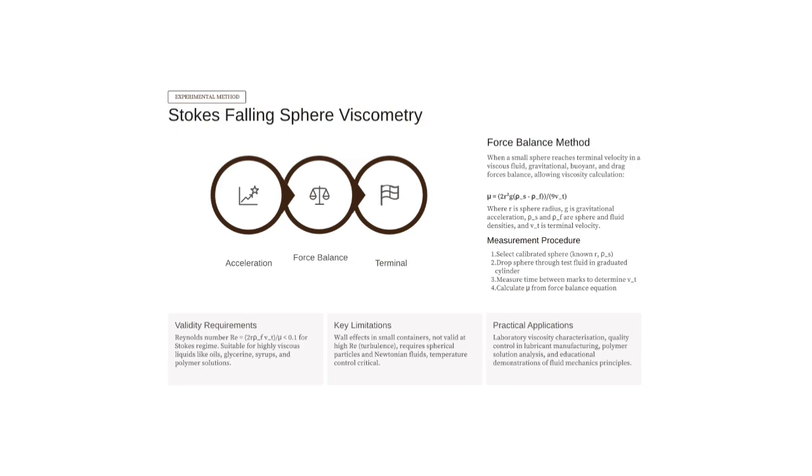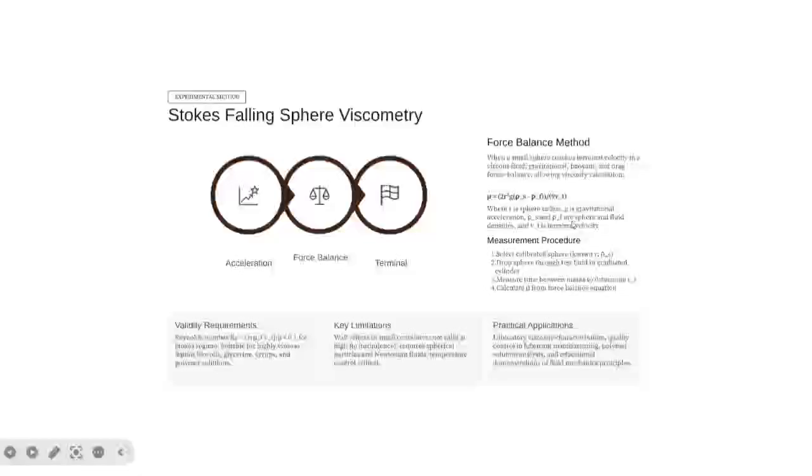Substituting all these expressions and solving for viscosity, we get mu equals 2 times r squared g times the density difference divided by 9 v terminal. Here r is the sphere radius and g is the gravitational acceleration.